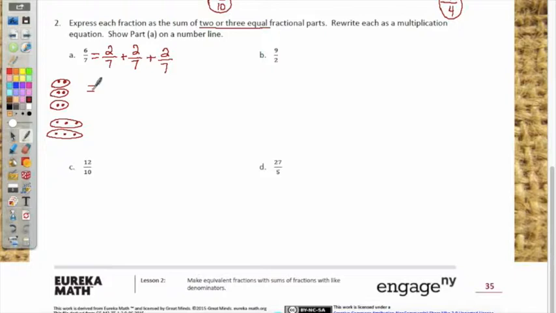You're really close. 3 copies of, what's your fraction? 2 sevenths. So 3 copies of 2 sevenths equals what? 6 sevenths. Is that more or less than 1 whole? Less. So we're done with that.